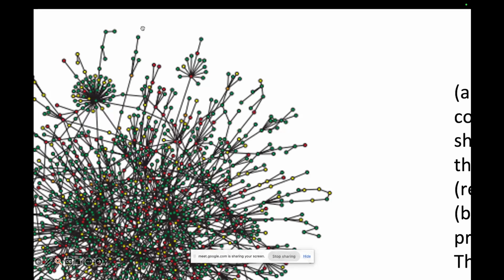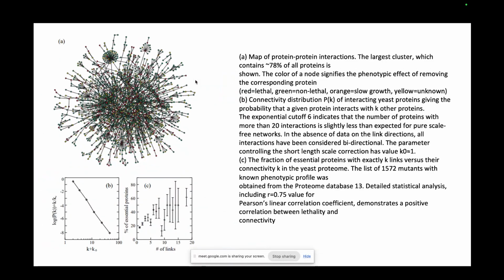The nodes on the edges which have few connections will be on the greener side, and the nodes on the inside which have more connections will be on the red side, which is lethal if you remove them. So this is an example from a yeast protein network.